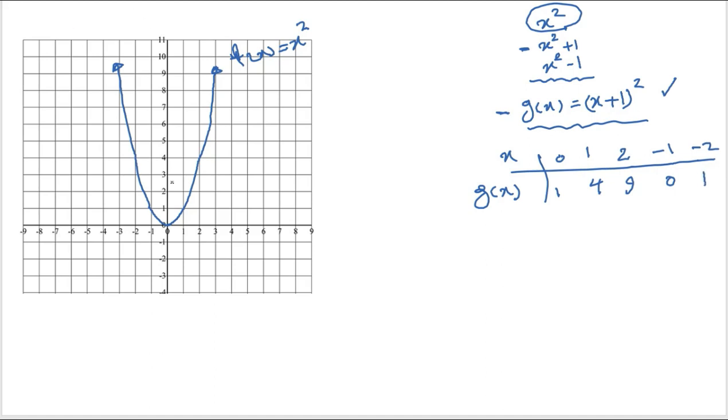Okay, so let's graph it. So 0 and 1, 1 and 4, 2 and 9, negative 1 and 0, negative 2 and 1. If I give another point, negative 3, negative 3 plus 1, negative 2 squared, 4, so negative 3 and 4.